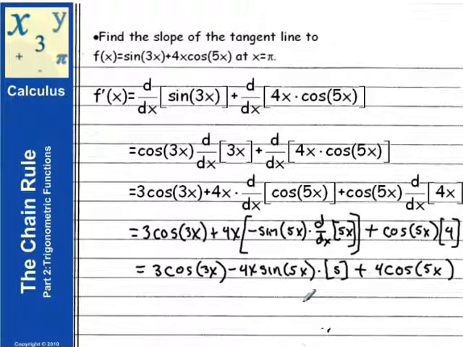Now, as we work through our problem, we notice that we can do a little more simplification, because we have 4x times sine 5x times 5, and we'll write that as a negative 20x.